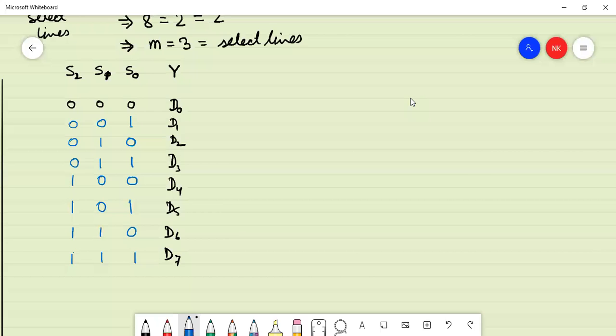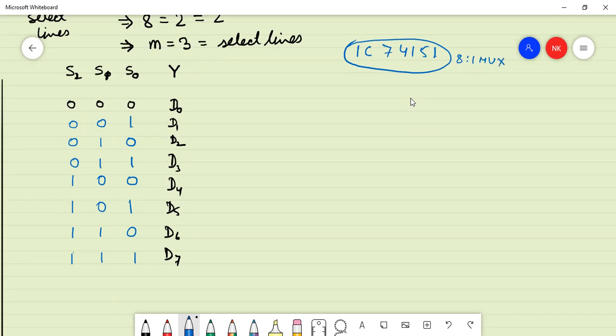The IC of this 8:1 multiplexer is IC 74151. So this is the IC of 8:1 mux. In it there are a total of 14 pins.